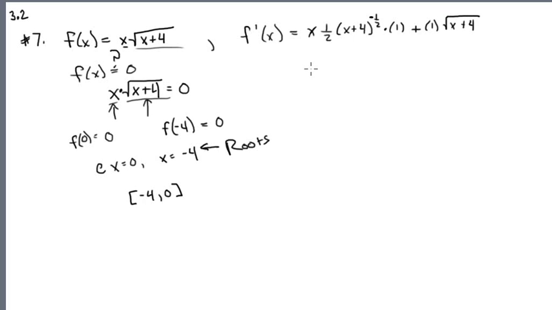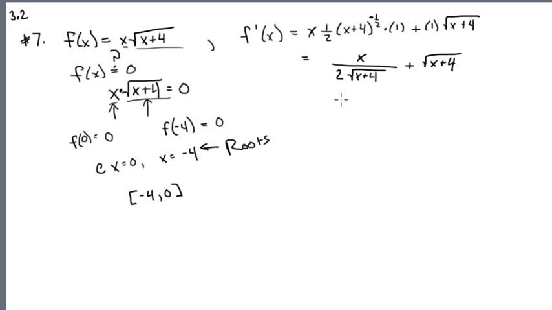When we simplify, we have only x left in the numerator, because we can take the negative exponent and send its base down into the denominator: x over 2 square root of x plus 4, plus square root of x plus 4.